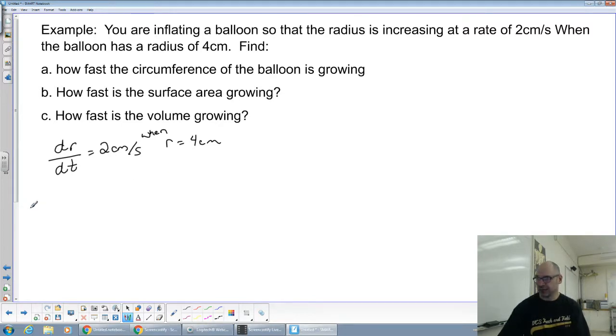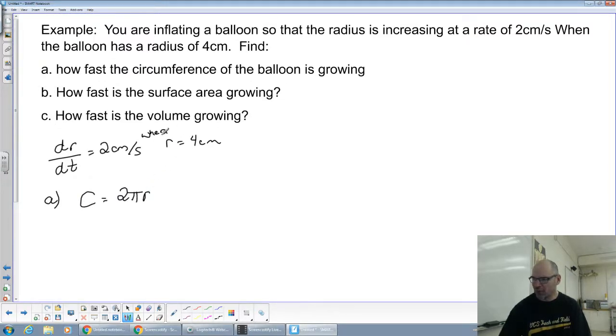Basically, that's it. But we also know what the circumference of the sphere is. We also know what the surface area of the sphere is. We also know what the volume of the sphere is according to formula. So what we do is we take a look at, for number A, we look at the formula for circumference. Circumference equals, let's write it as 2 pi r.